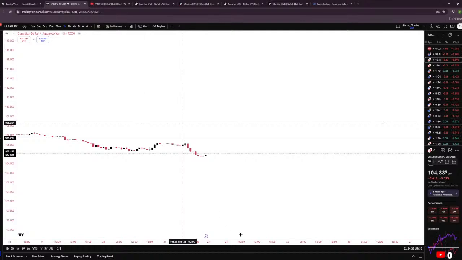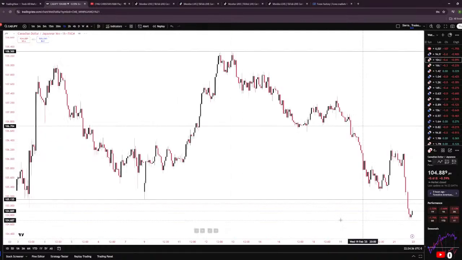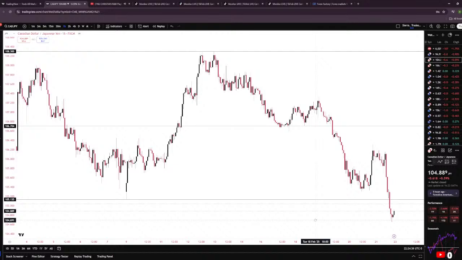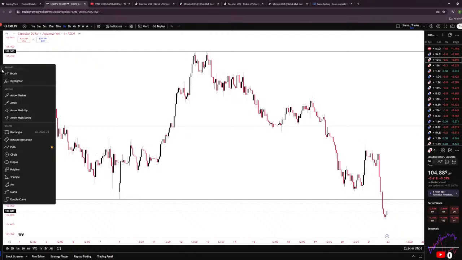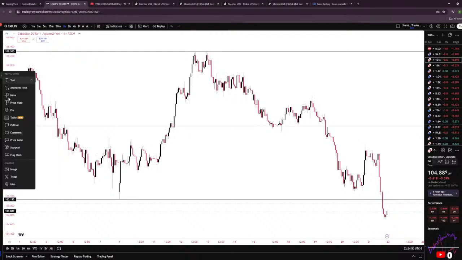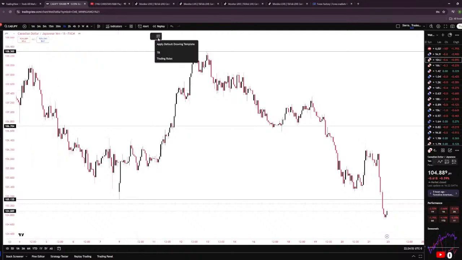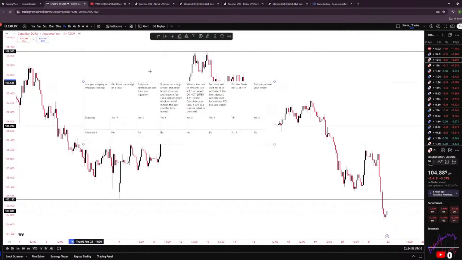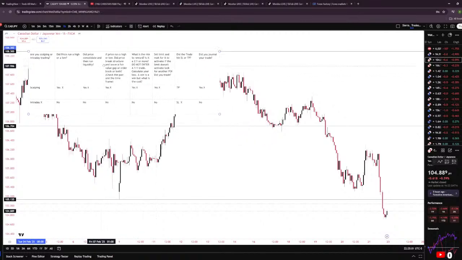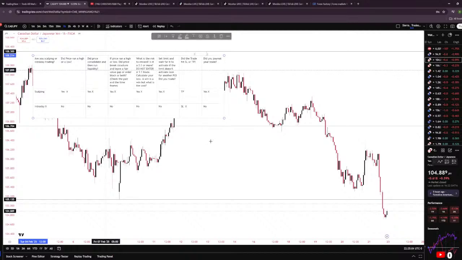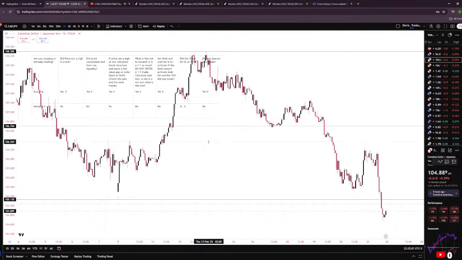So we're just looking to see if we missed a trade this week on CAD JPY. So we're going to take out our trading rules. All right, so first question, are you scalping or intraday trading?